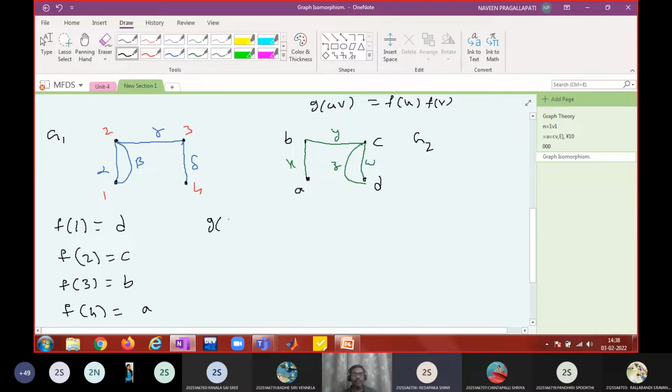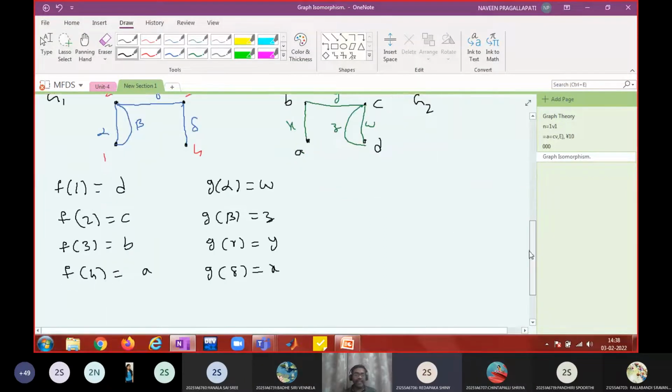Alpha you want to map to W, and beta you want to map to Z, and gamma you want to map to Y, and delta you want to map to X. Okay.